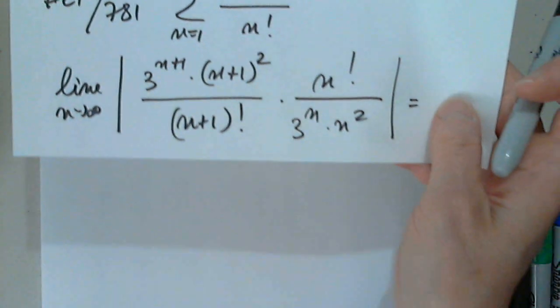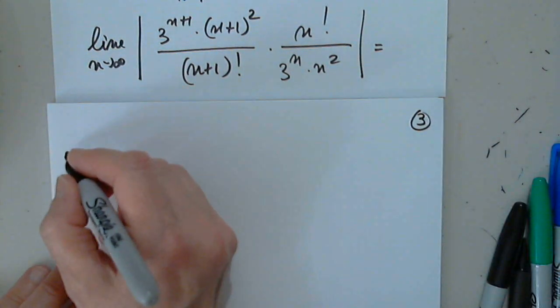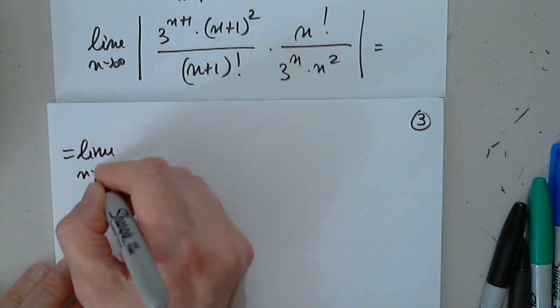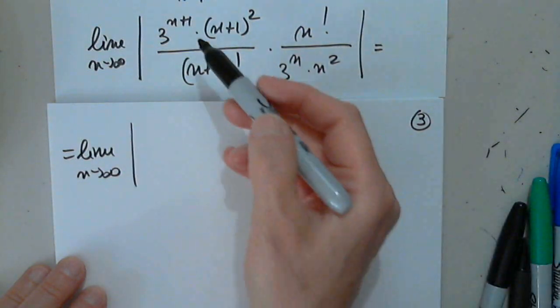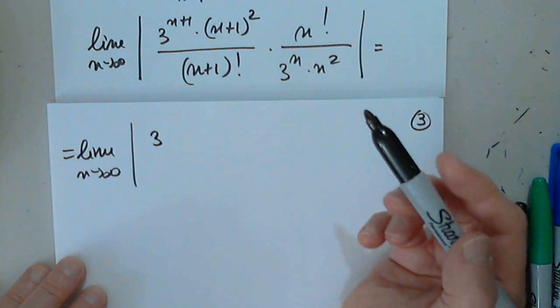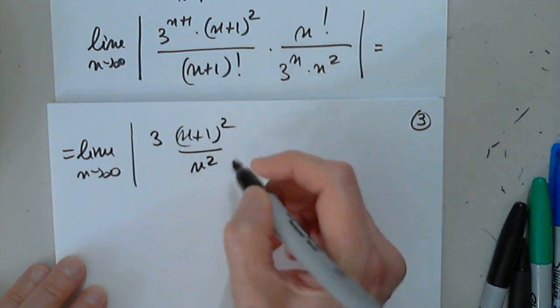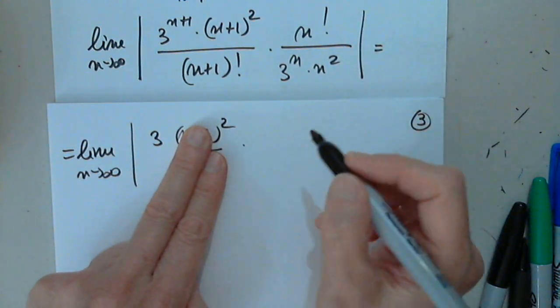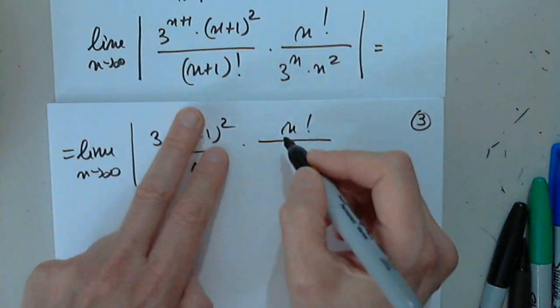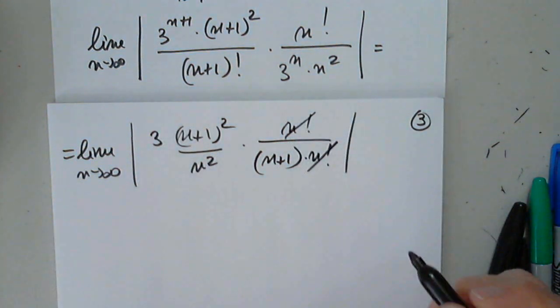Let's move on to page 3. So limit as n approaches infinity. 3 to the n plus 1 over 3 to the n is just 3. Then I'm going to write n plus 1 squared over n squared because this limit will be 1. Then we have n factorial, and the denominator is n plus 1 times n factorial.